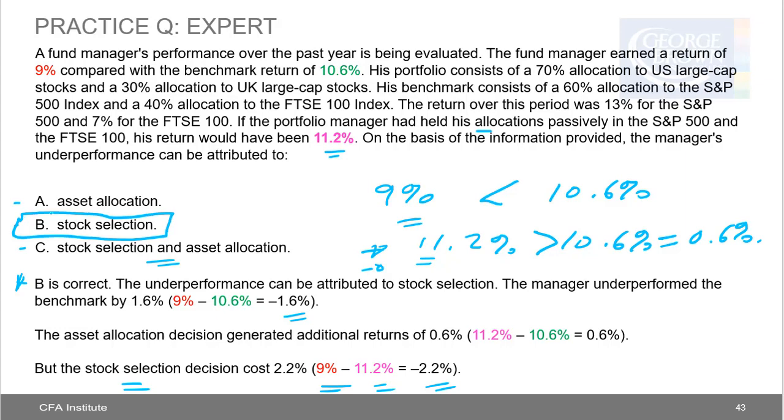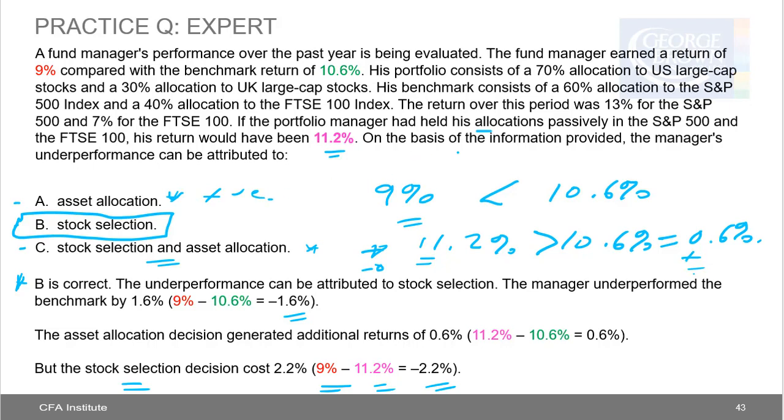Now, just going back, I just want to point out one thing. If you understand the asset allocation decision, it made underweighting and overweighting decisions versus the benchmark. If they just would have left the allocation at that, it would have been 11.2%. And that was a positive decision. That was skill, 0.6%. Asset allocation was positive.